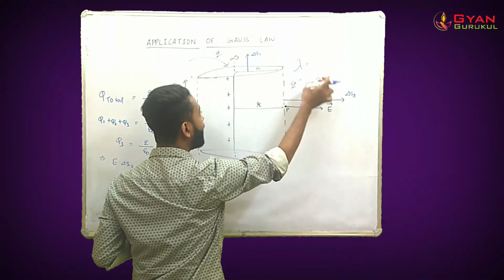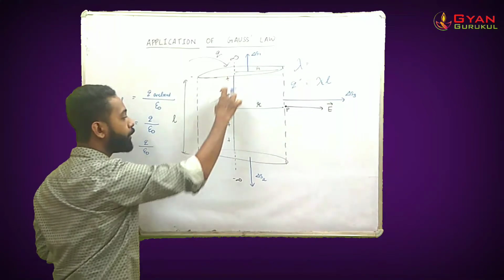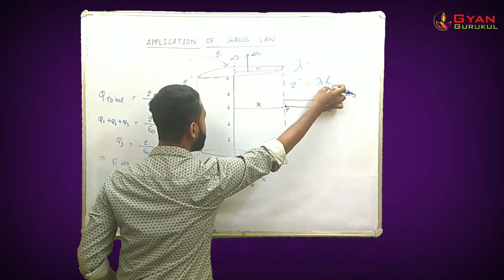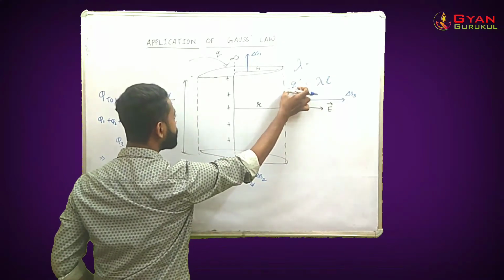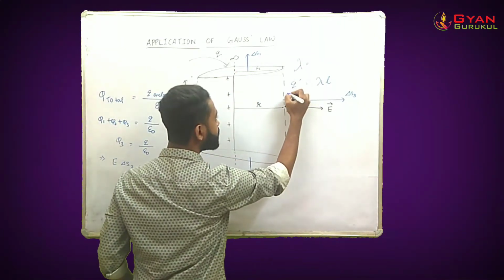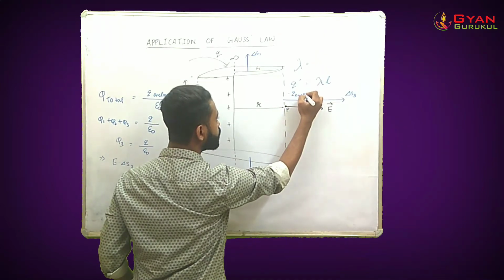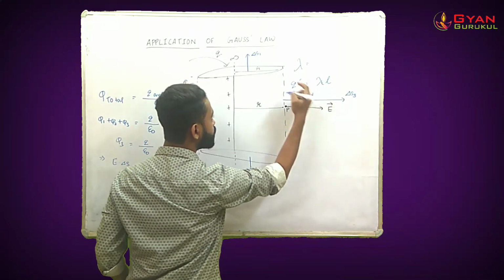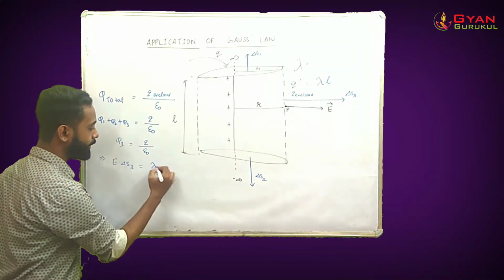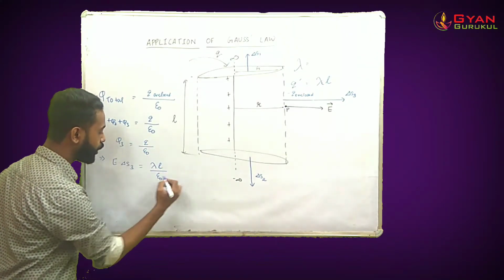Charge density multiplied by the length over which we need the charge. If we multiply the charge density with that length, we get the charge which is enclosed by that surface. So this Q dash is nothing but the Q enclosed. So in place of Q enclosed, we can write lambda times L by epsilon naught.